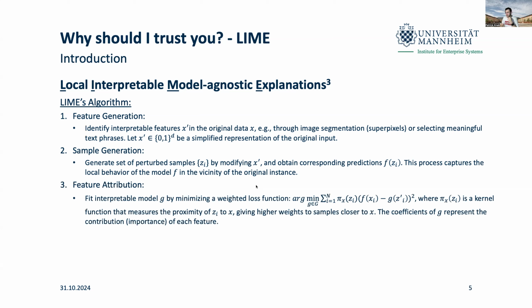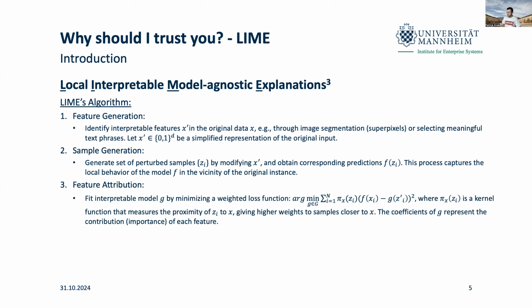Feature attribution is the main part of this framework. Here, we fit or approximate an interpretable model G that minimizes the following loss function. And here it's mainly important to look at the kernel. The kernel is a function that measures the proximity of the perturbed sample set I to the original instance X and gives higher weights to samples that are closer to X and also the other way around.